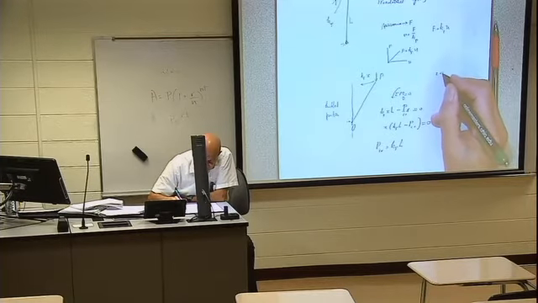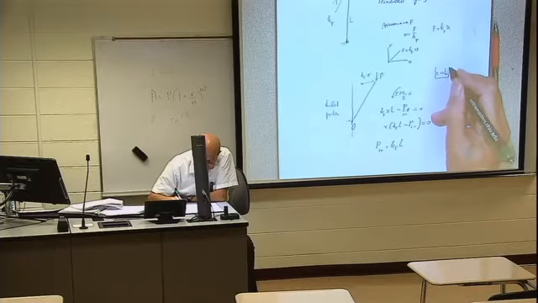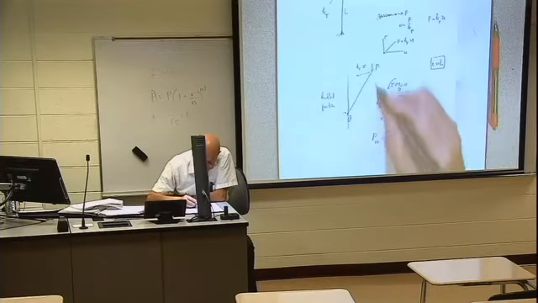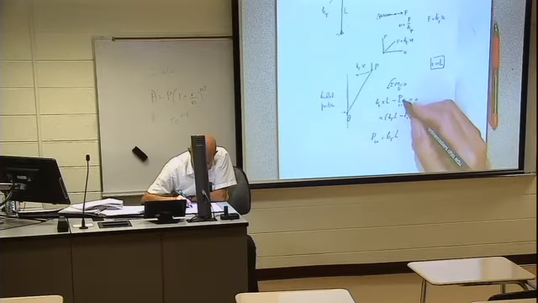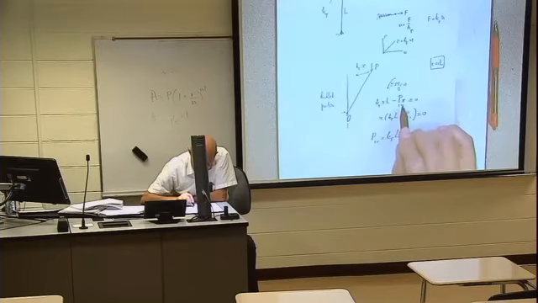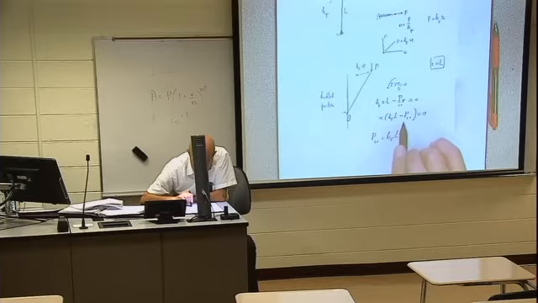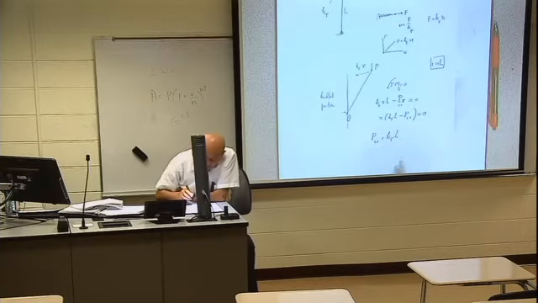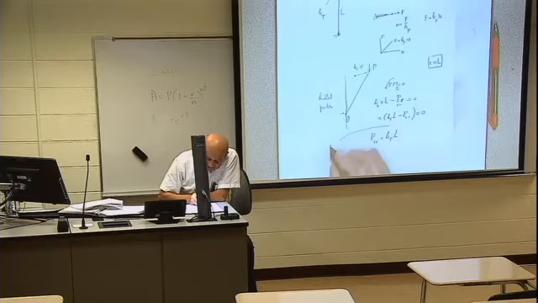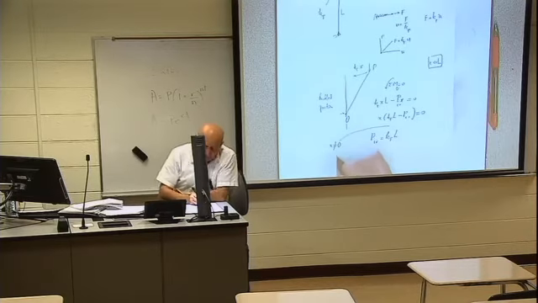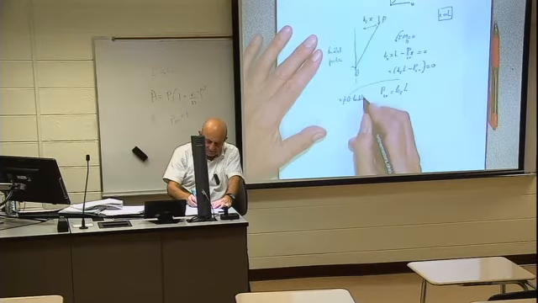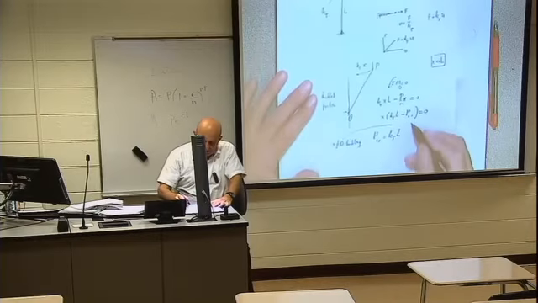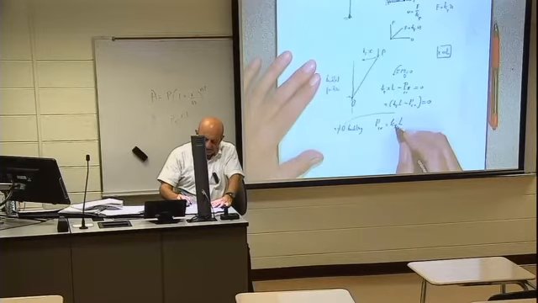X is very small, much smaller than the length. And P critical is multiplied by X. X can be taken out. So what is left is K translational L minus P critical equals 0. Here again X is not 0 because we have buckling. So P critical equals K translational L.